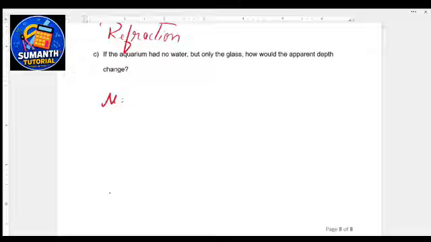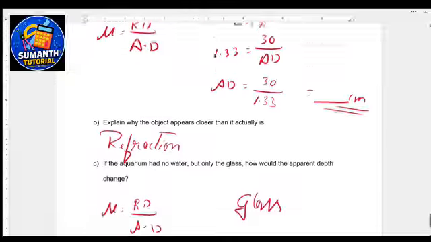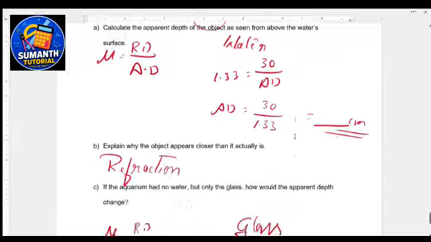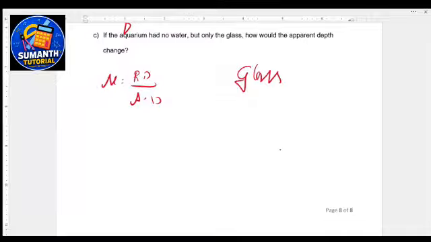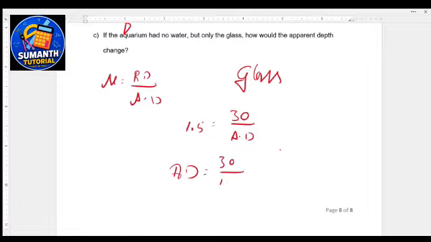Mu is equal to real depth by apparent depth. For glass, what's the value they have given? It is 1.5. Now see here, 1.5 is equal to 30 divided by apparent depth, because the actual depth is not going to change. Then the apparent depth will be equal to 30 divided by 1.5. How much will you get? That many centimeter is the answer.